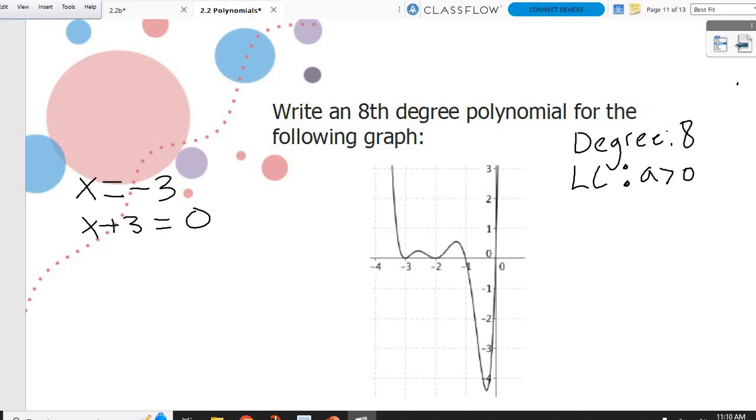And so if this equals 0, then that means that this, x plus 3, had to be one of the factors for my function. So again, we're trying to work our way backwards. So I'm starting with my x-intercepts and using those to create our factors. Questions on that? Okay, so what would my next factor be?